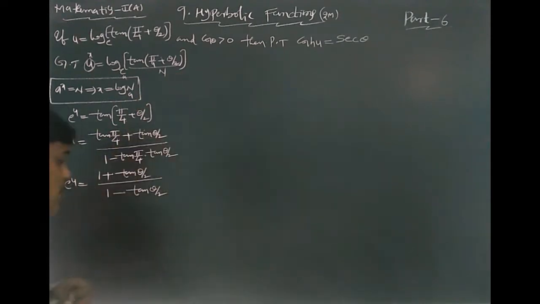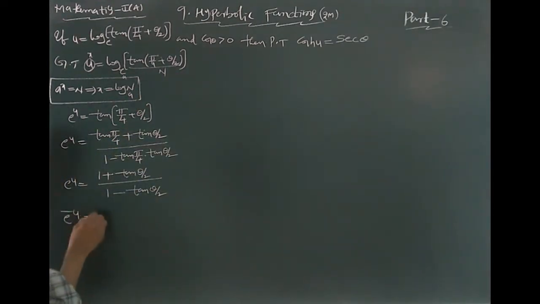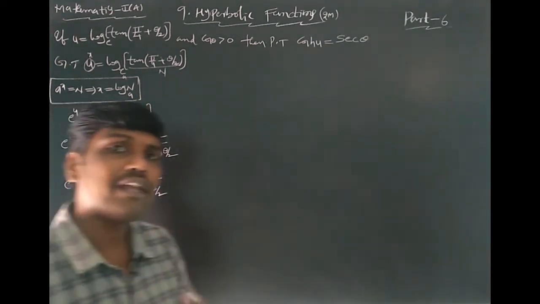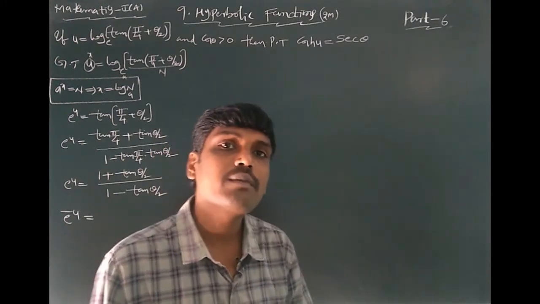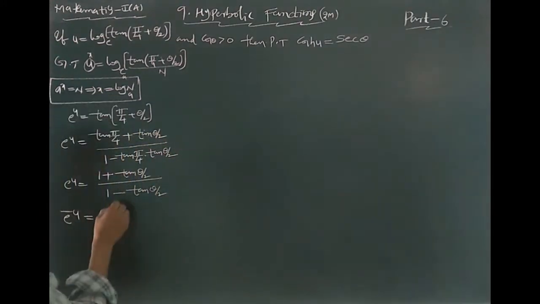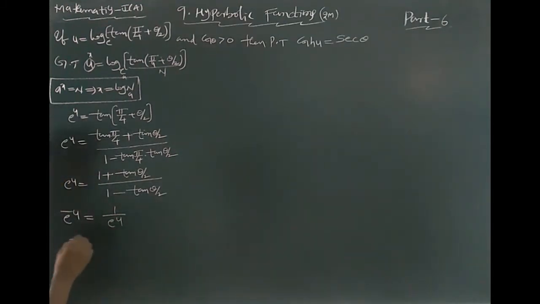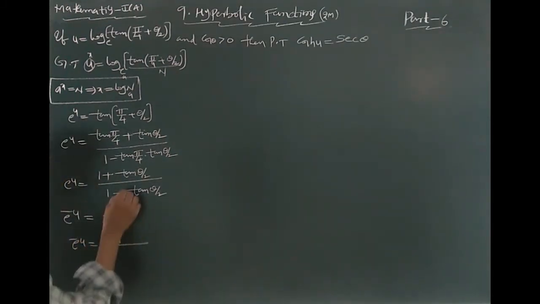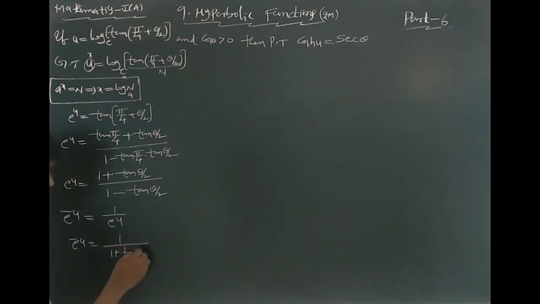Simply you can find e power minus u. What is the meaning of e power minus u? E power minus u is nothing but 1 by e power u. That is, e power minus u equals 1 by e power u, whose value is 1 plus tan theta by 2 by 1 minus tan theta by 2.